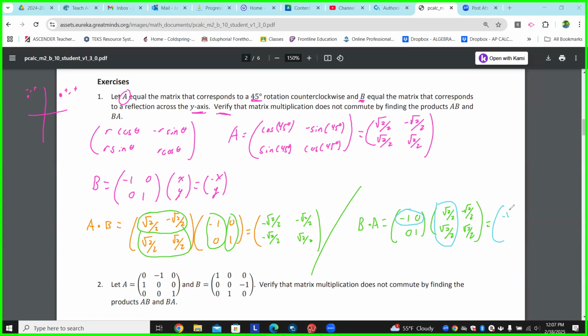All right, so far, seems to be the same answer. Row, column. Positive, because now two negatives make a positive. Now we got a different answer already. Row, column. Row, column. Stays positive. Perfect. So are these two matrices equal? No. So we just proved AB does not equal BA.